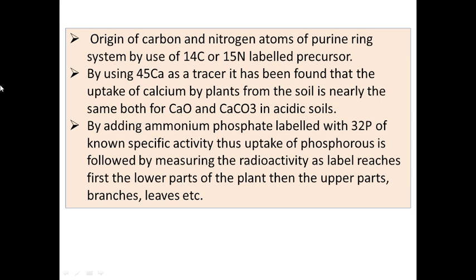So the label compound reaches the lower part and upper part, branches and leaves, and the activity is traced by using the labeled compound, ammonium phosphate, where the precursor used is 32 phosphorus, an isotope. The uptake of phosphorus is measured by the radioactivity of the label, which reaches first the lower part of the plant, then the upper part, branches and leaves. So these are the various applications of the tracer technique.